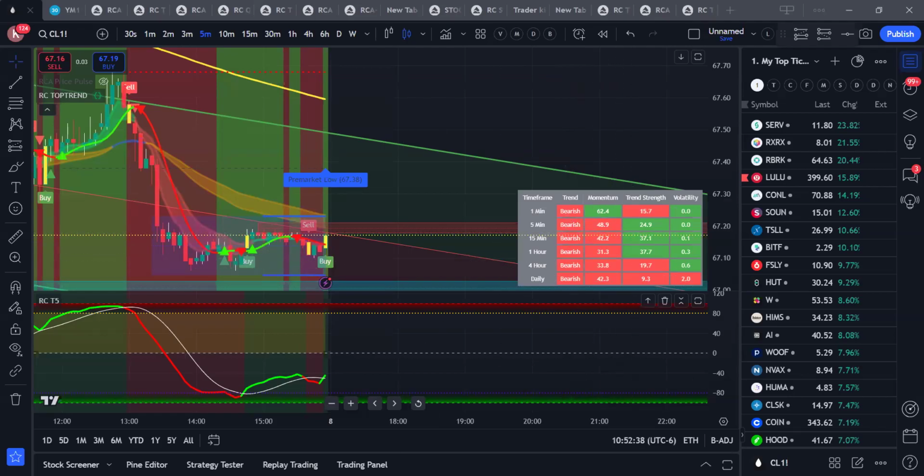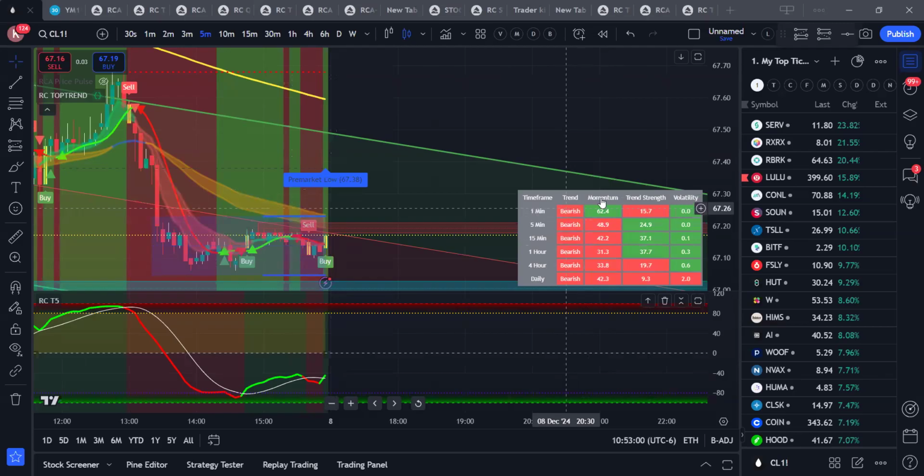If you follow this strategy, unless you are trading just before the news, you are trading during normal trading hours. And if it is completely bullish, momentum is completely green, trend strength is green, and you got a buy signal, then there is very high possibility you will easily make $150 to $200. 99% you will make it.